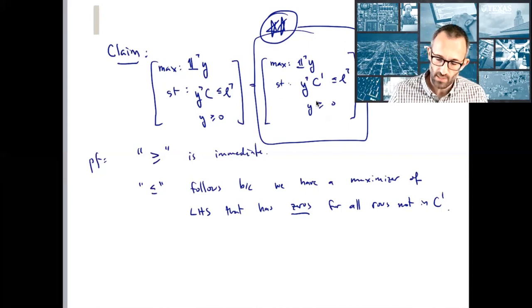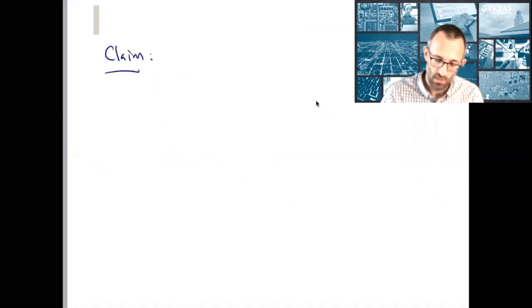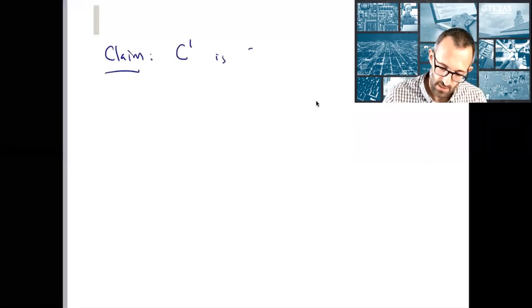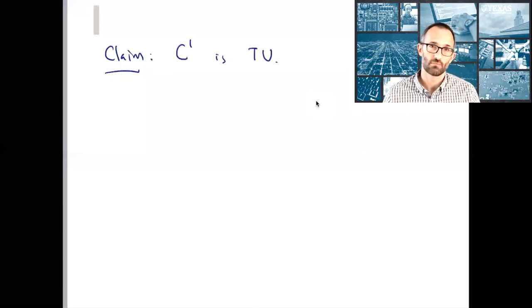So here is the key claim. Now that we've thrown away all of the rows except for those that correspond to a laminar set, we have the magic, which is that this new matrix, C dash, is totally unimodular.